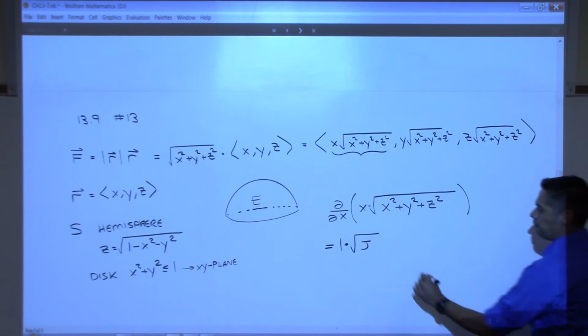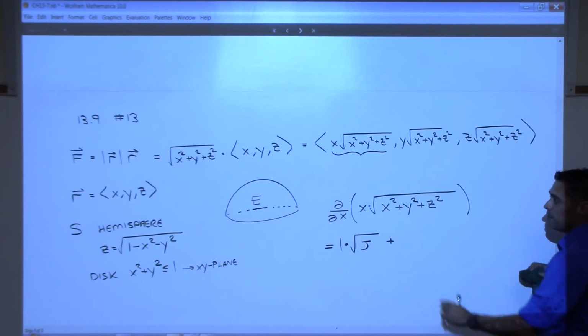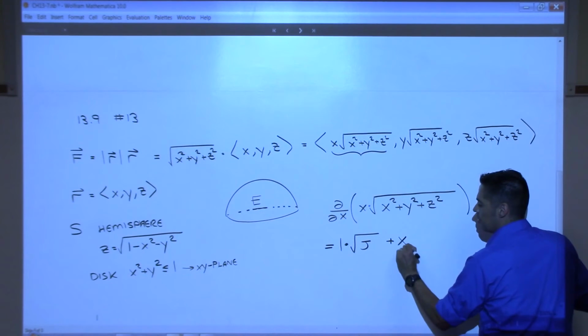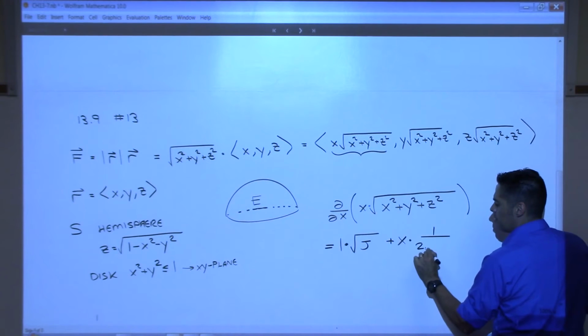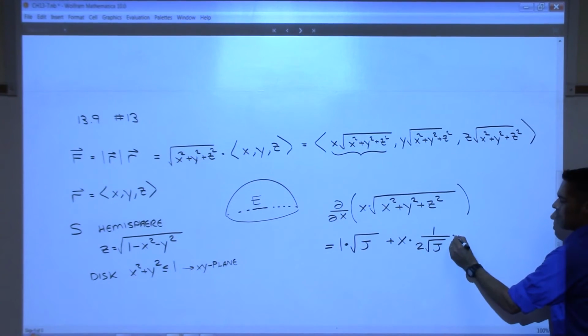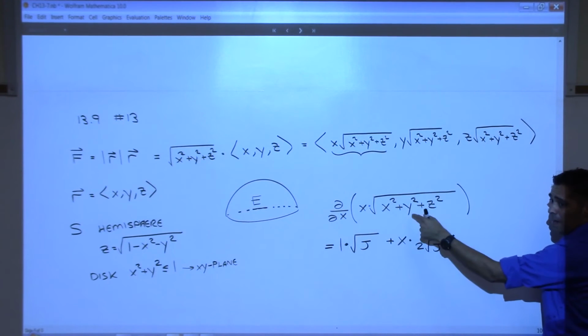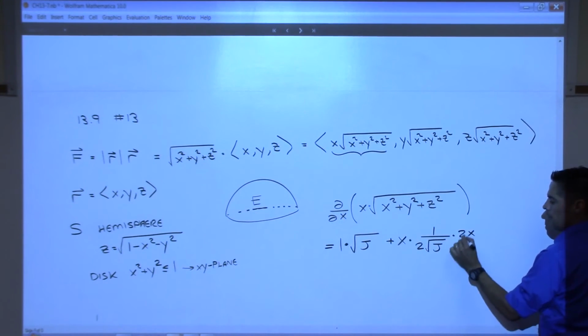Plus what? What's the derivative of the square root of some, okay, x, you want me to put the x first? Okay, x, derivative of the root of something is 1 over 2 times the root of that stuff, the junk, times the derivative of what's inside of it with respect to x, which is just 2x, right? The 2's cancel?